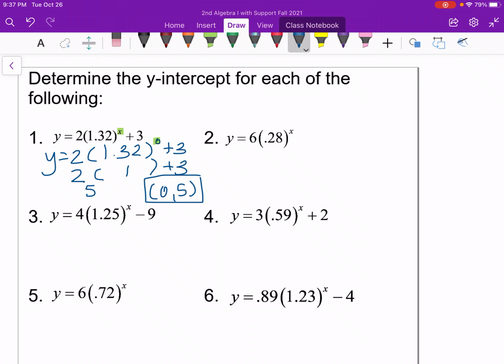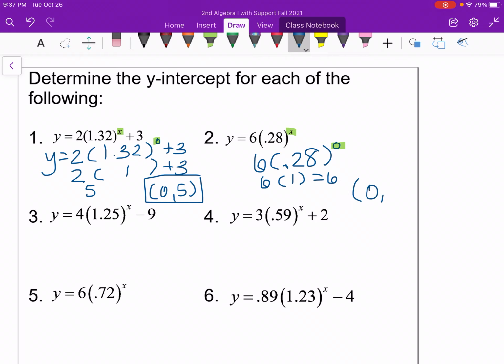Same idea for number 2. So I plug in 0 for x, so I have 6 times 0.28 to the 0. So again, plugged in 0 for x there. Anything to the 0 power is 1, so this becomes 6 times 1. The only thing being raised to the 0 power is the 0.28. And 6 times 1 is 6.